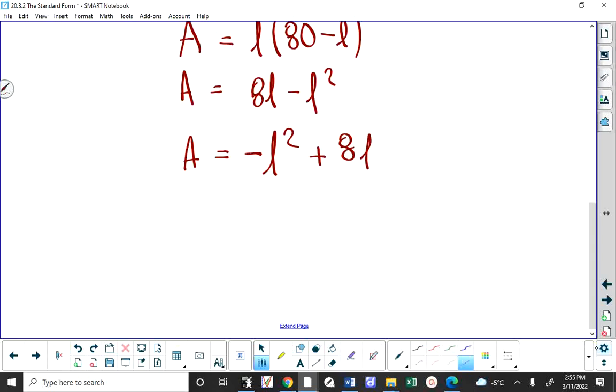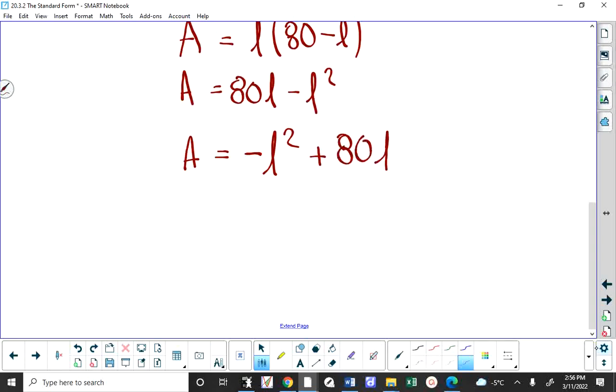Because this coefficient is -1, it opens down. So there will be a maximum. And that maximum will be the maximum value of y, which is area. And that's what we're trying to find. Go ahead. Did I write? Oh, thank you, Sasha. It's not 8, it's 80.